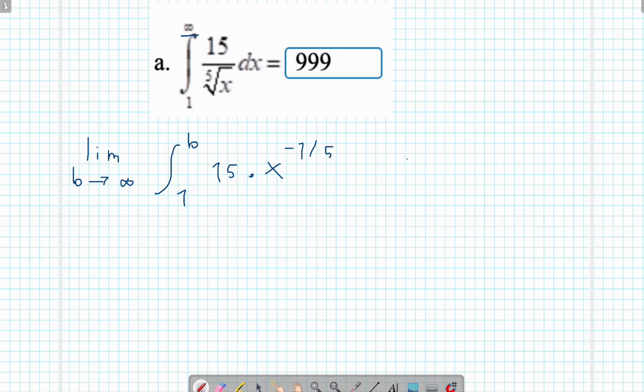So 75 over 4 times x to the 4 over 5 from b to 1, and then again we're gonna take the limit as b goes to infinity.